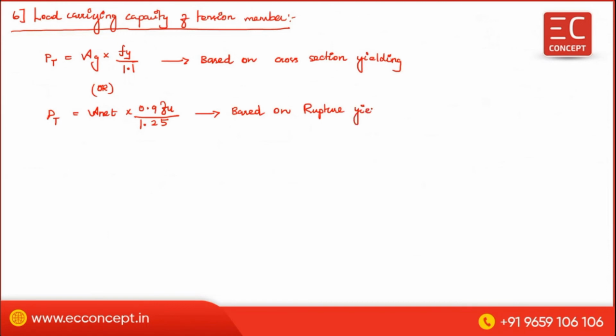So this is based on rupture, and this is based on the gross cross section. That is the meaning. Gross, that is the total cross section yielding. Now here the challenge is how to calculate A net. Okay, this A net calculation.